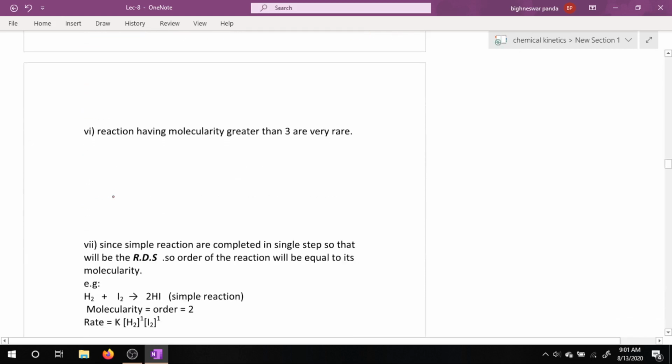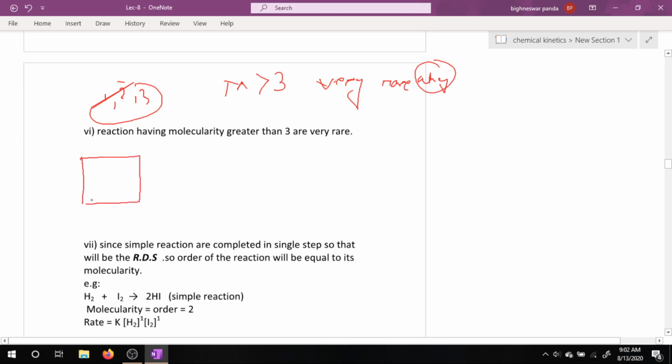It has been found that reactions having molecularity greater than 3 are very rare. Molecularity is either 1, 2 or 3, but greater than 3 is very rare. Why? Let us consider a beaker, another beaker.